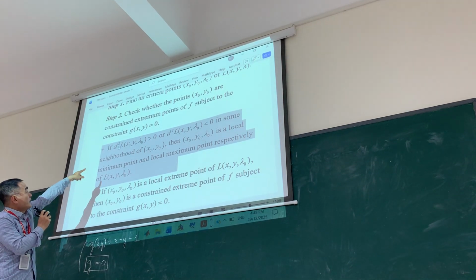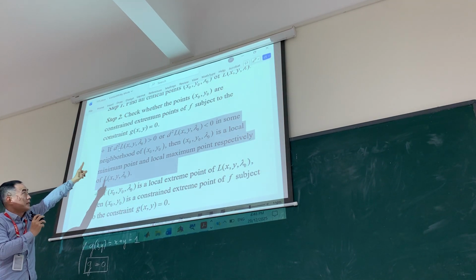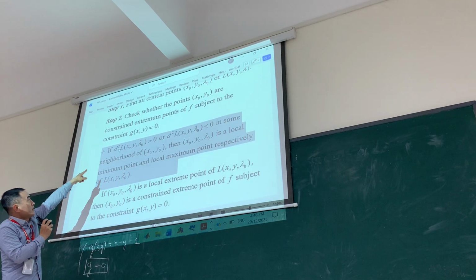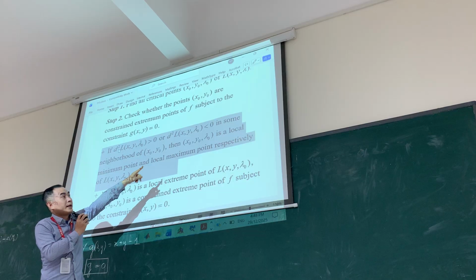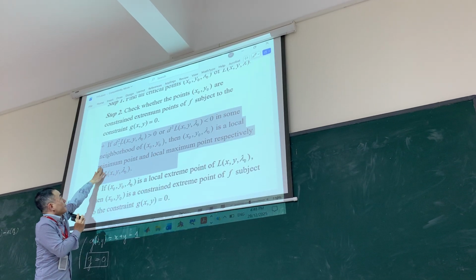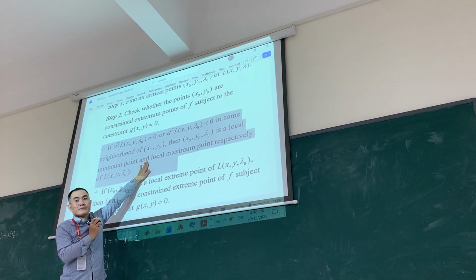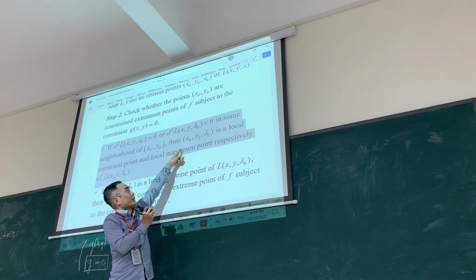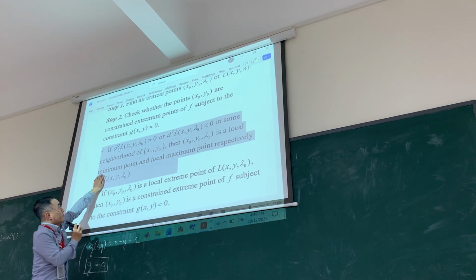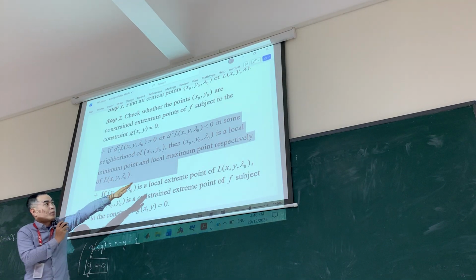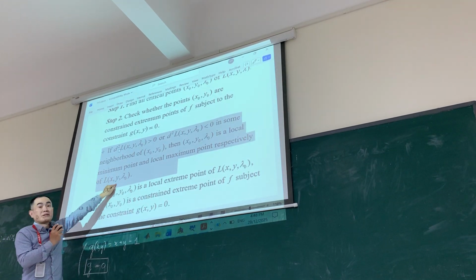We use d square L. If d square L is positive or negative in some neighborhood of this point, then the point (x0, y0, lambda 0) is a local minimum point or local maximum point, respectively, of this function.